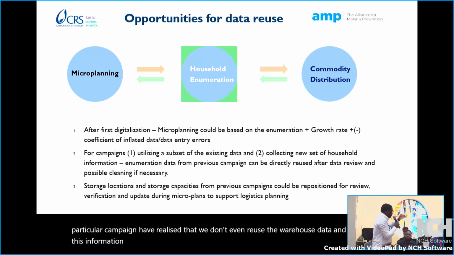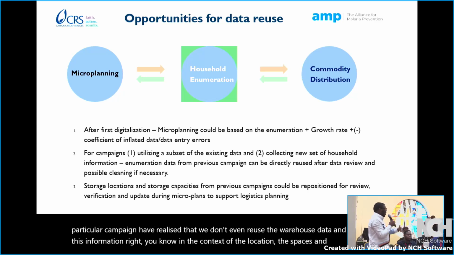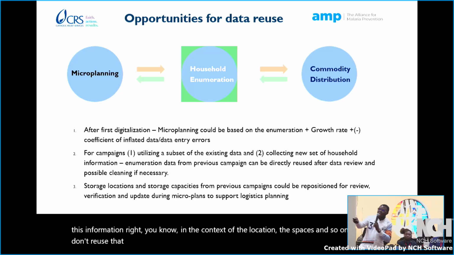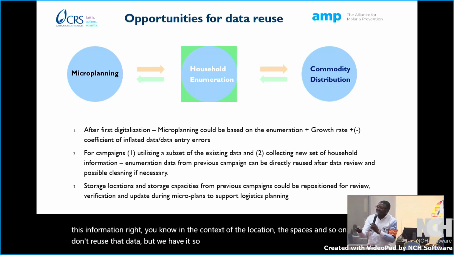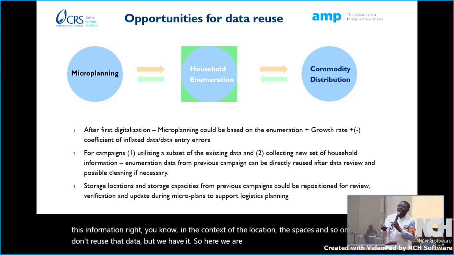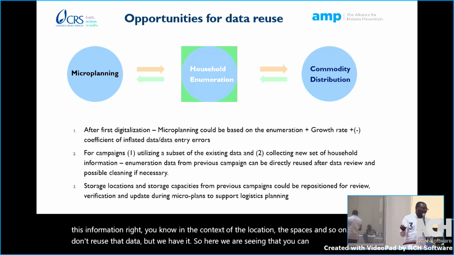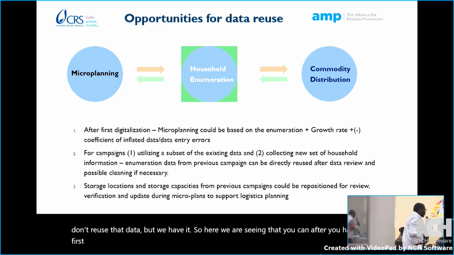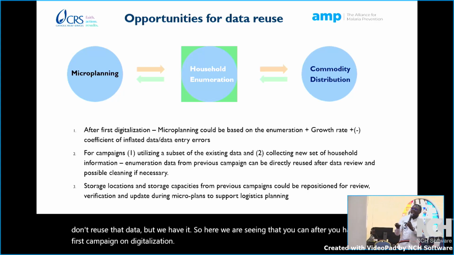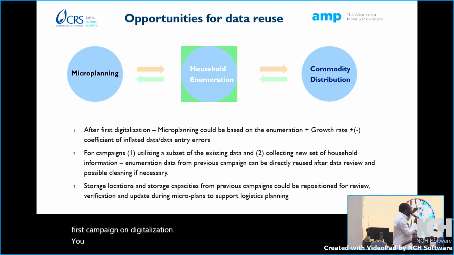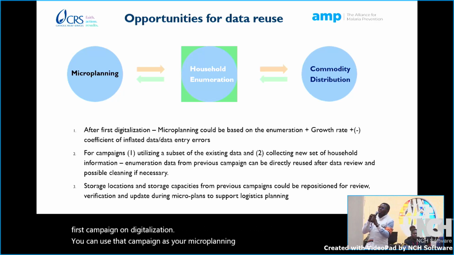The context of location, the spaces and so on, but we don't use that data, but we have it. So here, we are saying that after you have done the first campaign on digitalization, you can use that campaign as your micro planning by just doing two things.